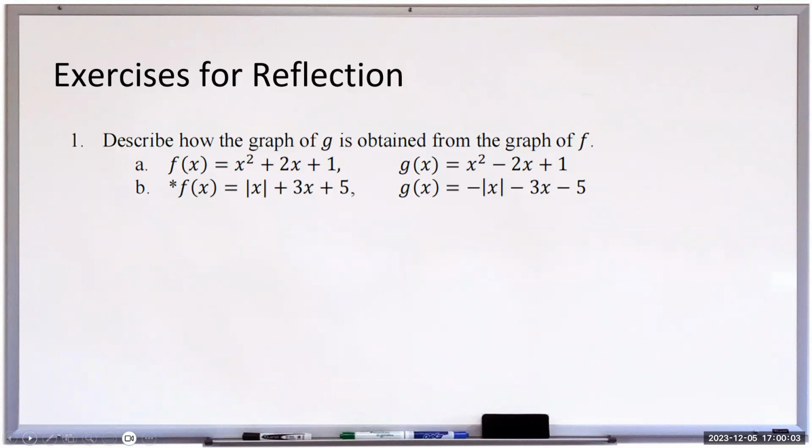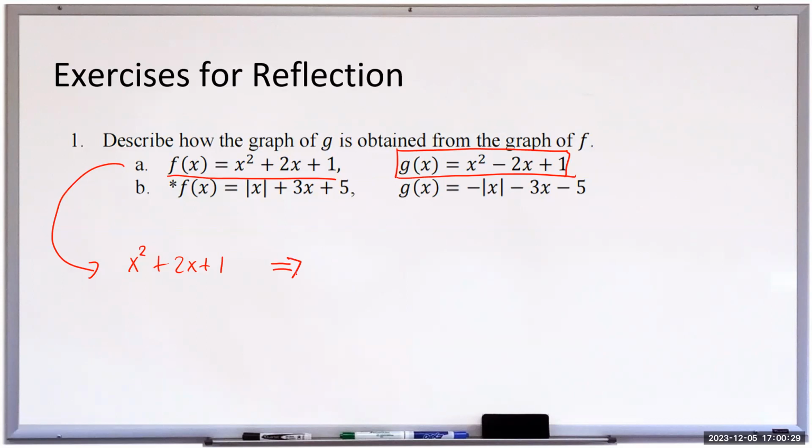So item number 1, describe how the graph of G is obtained from the graph of F. So again, this is your original function and this is the transformed one. So titignan natin anong nangyaring type of reflection kung meron man. Okay? So for item A, our original is x squared plus 2x plus 1.